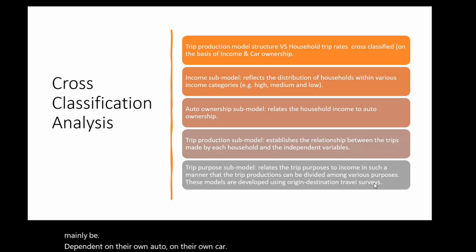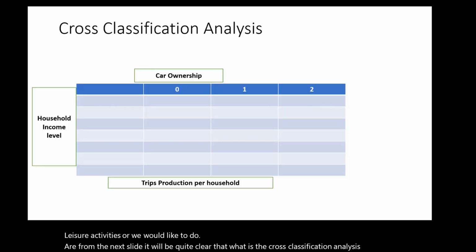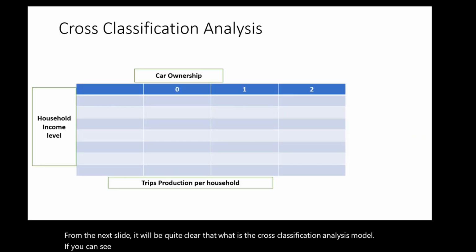And the trip purpose might be work, or leisure activities, and we would like to know that. From the next slide, it will be quite clear what the cross classification analysis model is. As you can see here, we draw different columns and rows to understand car ownership and household income level.